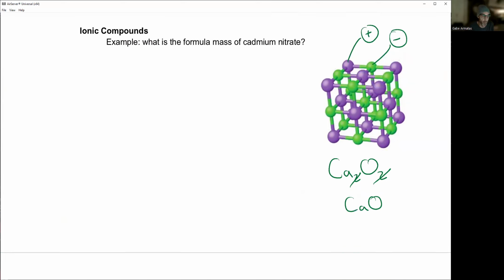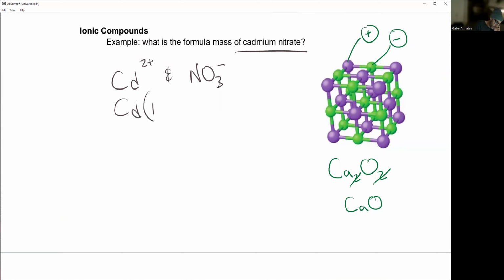So very simple concept. But for this one, cadmium nitrate, so I have cadmium, and we know cadmium is +2, and I know nitrate is NO3 minus. So I need to make a compound out of this. So what we end up with is cadmium, and I have two nitrates, Cd(NO3)2. So what that means is, same idea. I'm going to do 1 cadmium.